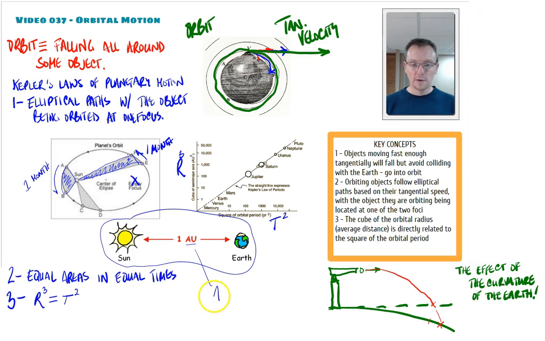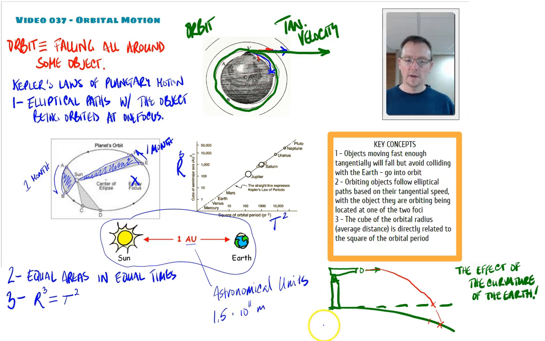And AU stands for not gold like in chemistry, but astronomical units, which is basically the same as saying the average distance between the sun and the Earth. And an astronomical unit, I think, is 1.5 times 10 to the 11th meters, roughly, something like that. But instead of using that horrible number in there, we're just going to use 1 astronomical unit.